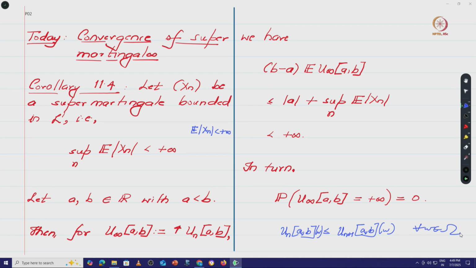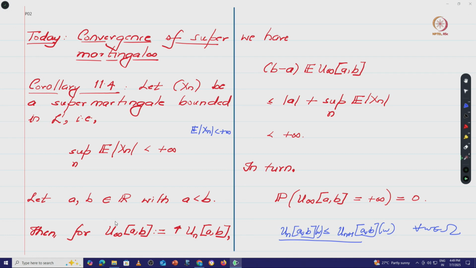What we are saying is that the number of upcrossings in the time window 0 to n will be at most the number of upcrossings of the interval [a,b] in the time window 0 to n plus 1. So this is obvious to see. This implies that U_n[a,b] as a function of n is a monotonically increasing sequence, and because it is monotonically increasing, the limit exists for every omega, and hence there is a limit in terms of the random variable itself. Let us denote the limiting random variable by U_infinity[a,b].